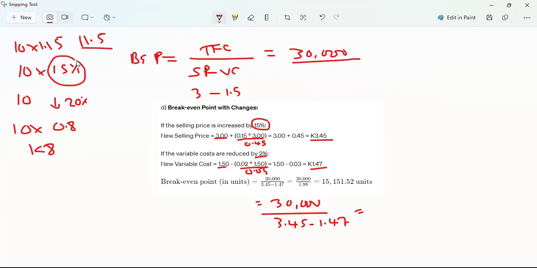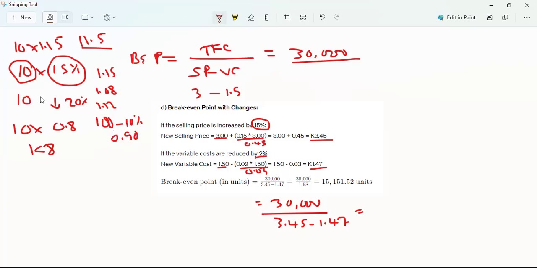This percentage you base on the 100%. If there's an increase, you add it to the 100%, or to the 1. So any increase of 15% will be 1.15. If it was 8%, 1.08. If it was 12%, 1.12. You multiply it by the outstanding figure there. If it reduced by 10%, it's 100% minus 10%, which is 90%, so 0.90.